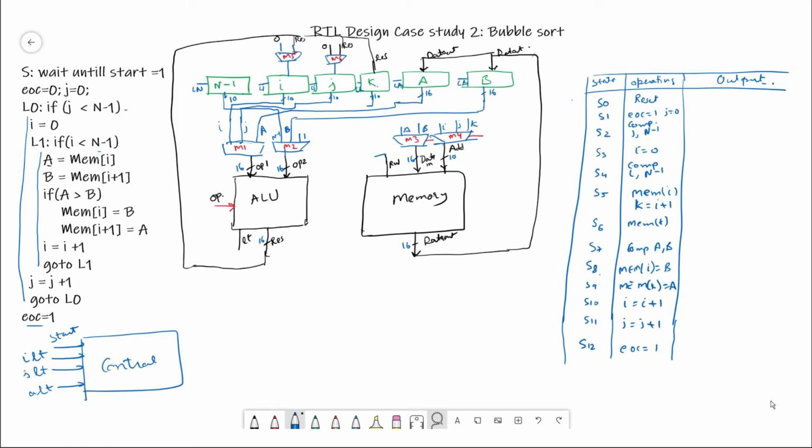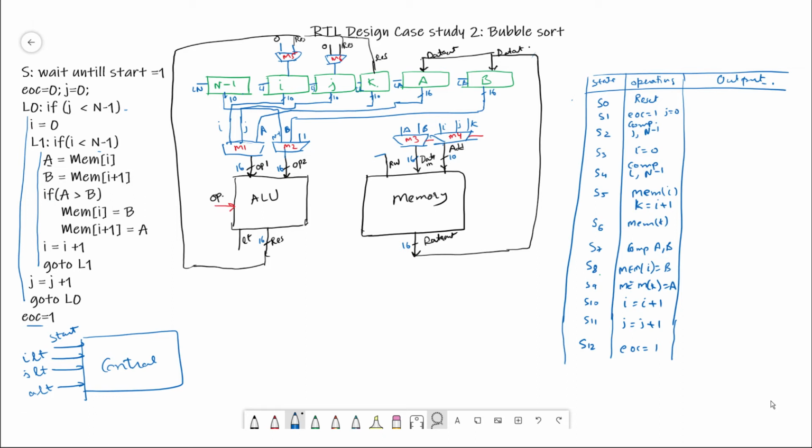Now after the data path is complete, our state machine was already done. Now we have to see what kind of result this control has to produce. In every state, the control has to control all the signals.